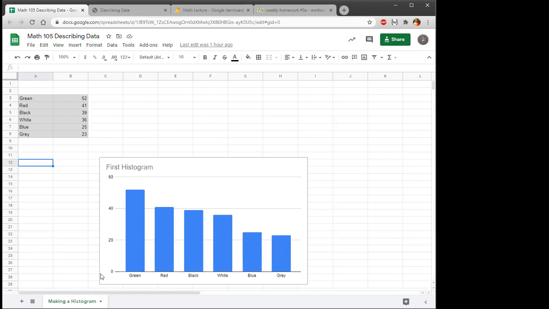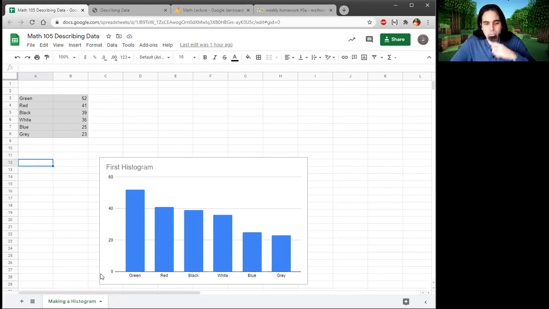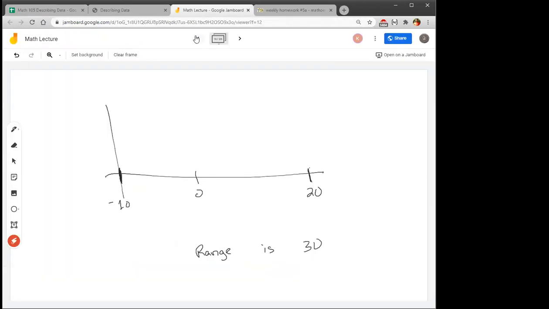I think you could. Because it's categorical, they're kind of different things. You could have a mode, which is the most popular, is green.